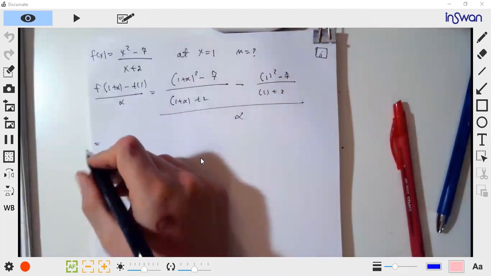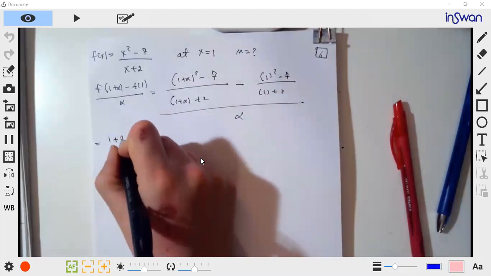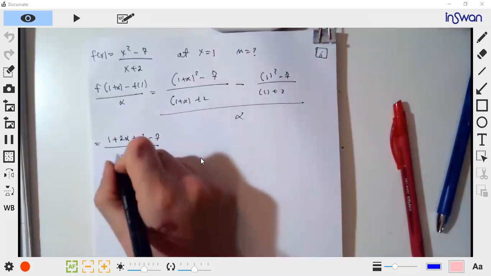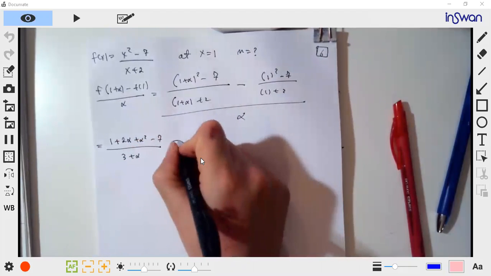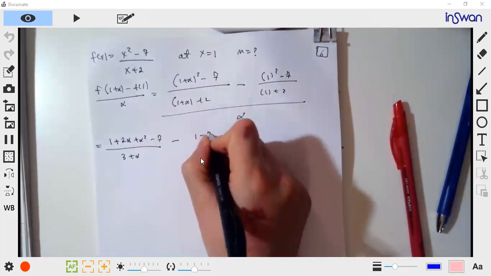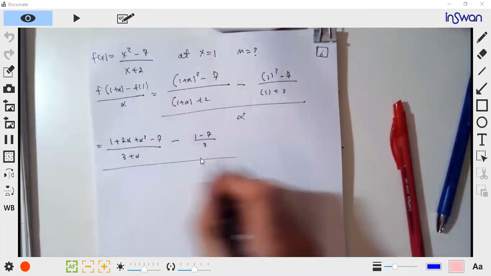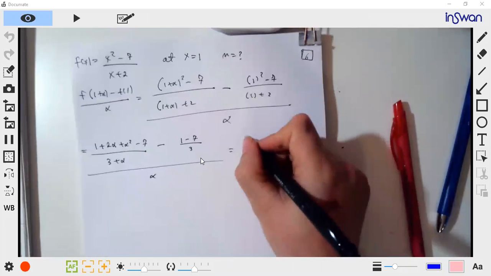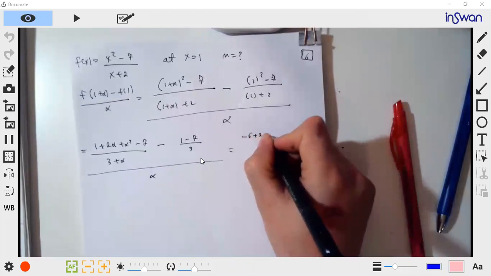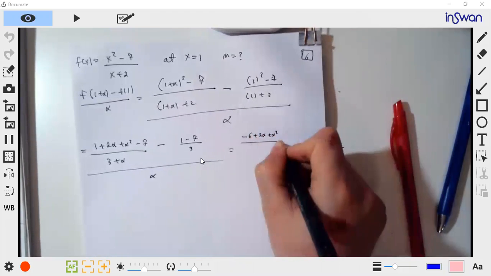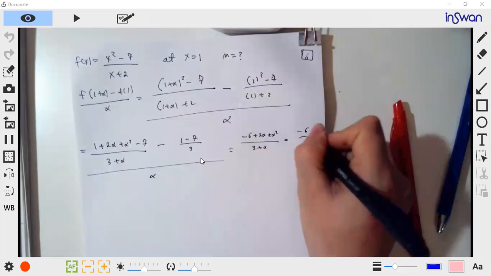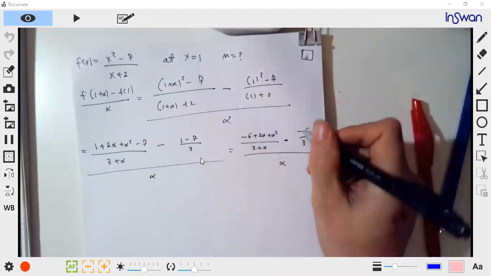So this is going to be 1 plus 2 alpha plus alpha squared minus 7 all over 3 plus alpha, minus 1 minus 7 all over 3, everything over alpha. Then over here, we get negative 6 plus 2 alpha plus alpha squared, everything divided by 3 plus alpha, minus negative 6 divided by 3, everything divided by alpha.